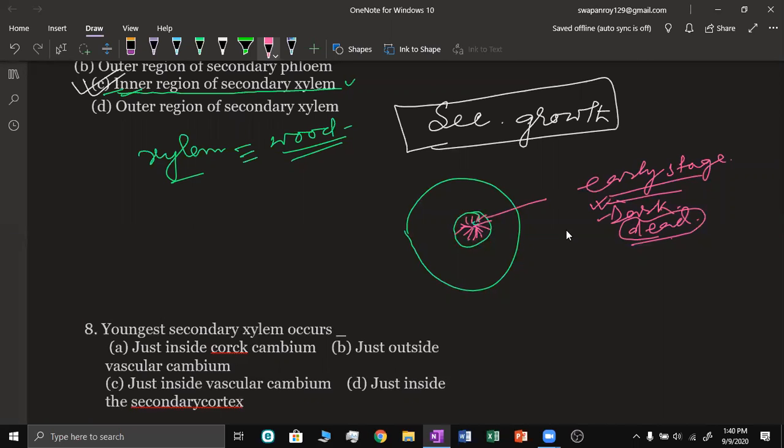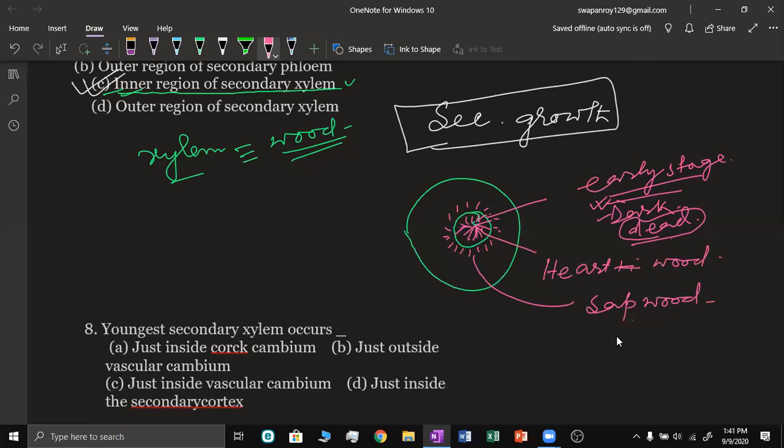So this portion of the tissue is known as heartwood, because it is towards the center, the heart. And those xylem tissues which have been recently formed are usually slightly lighter in color and are known as sapwood.